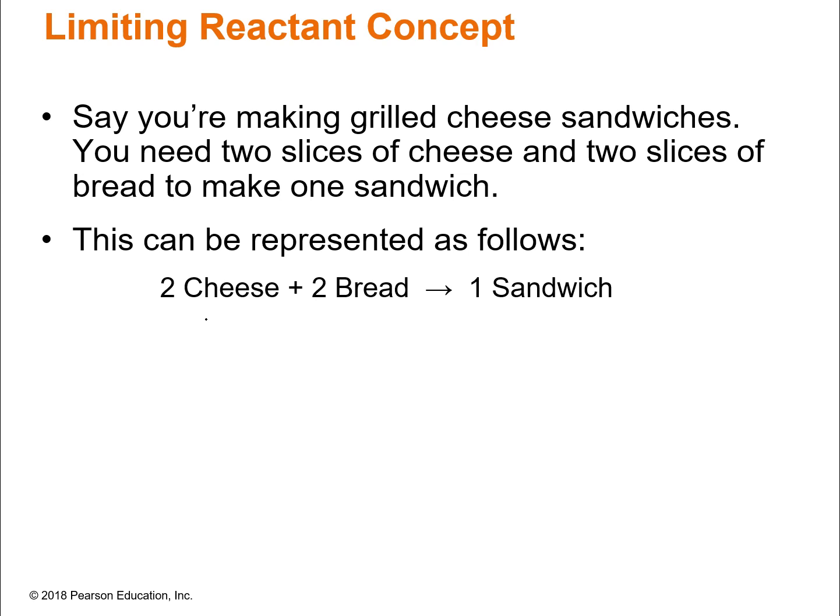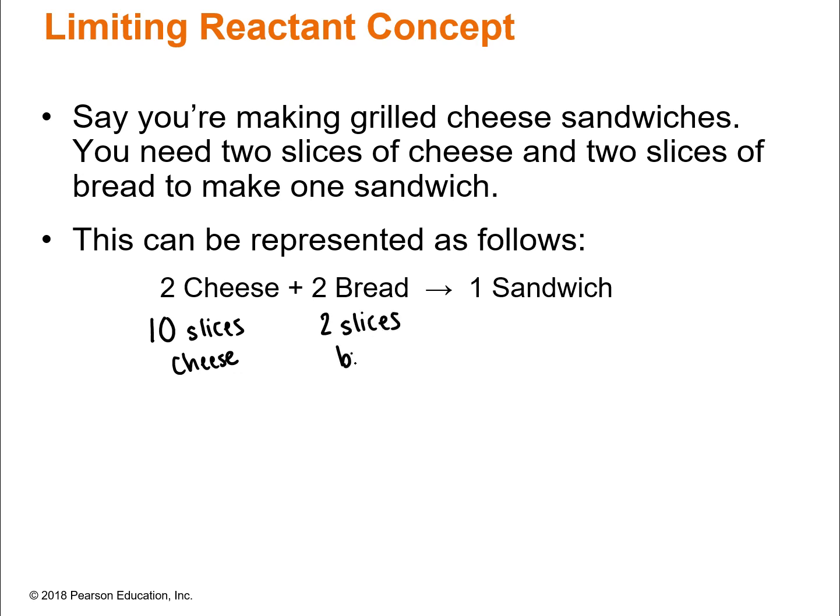Let's say you're looking around the kitchen. You look in the fridge. You've got 10 slices of cheese. And you're like, oh yes, this is going to be great. Then you find the bread.